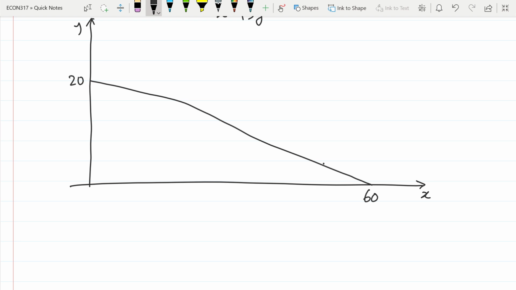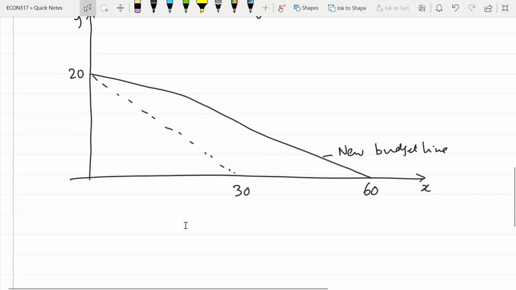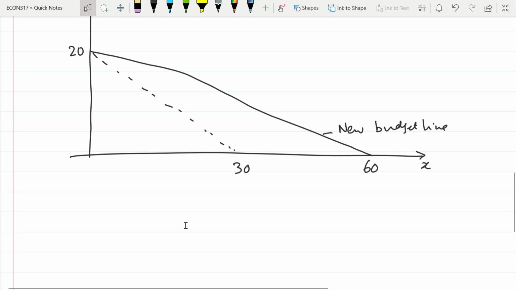So this is the new budget line. I should also draw the old budget line, but this time as a broken line. Remember, this has to be a straight line, so this is the old budget line. So the new budget line has been obtained by rotating the old budget line outward with the vertical intercept, point 20, acting as a pivot.